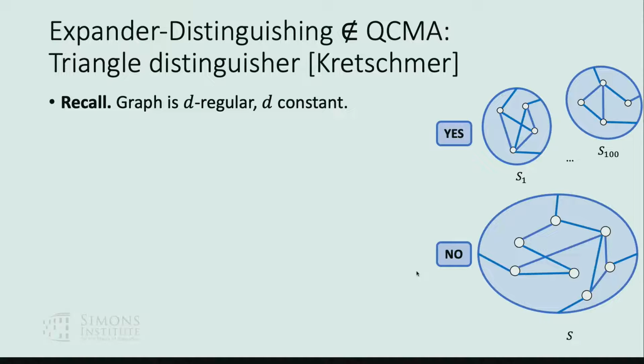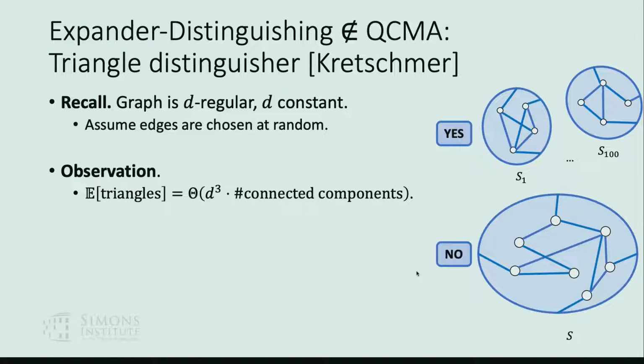Basically, this is an average case. Let's say we have these graphs, and I promised you that they're random graphs. So the edges are chosen at random, conditioned on the degree. It's not too hard to show that the expected number of triangles is d cubed, where d is the degree, times the number of connected components. In the yes case, you have 100 components.